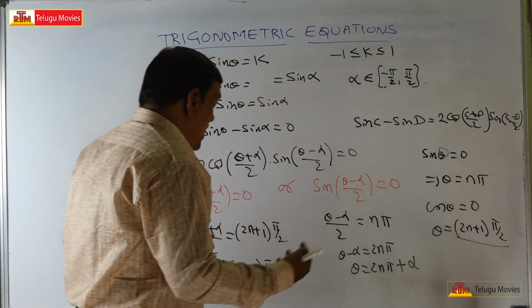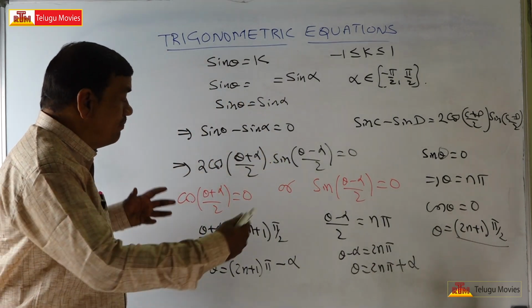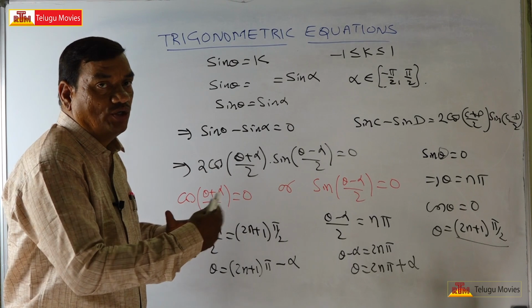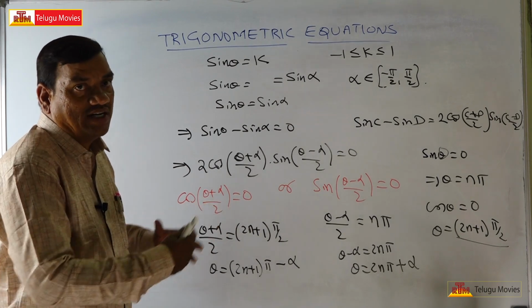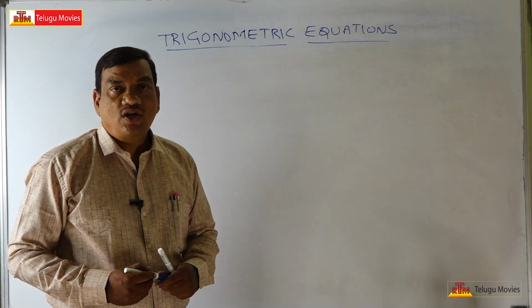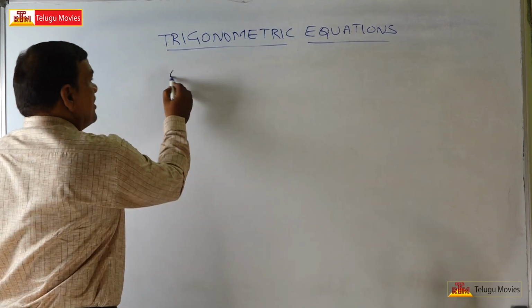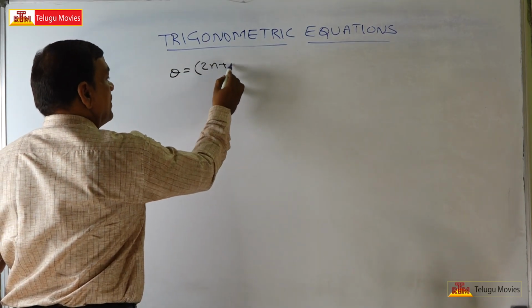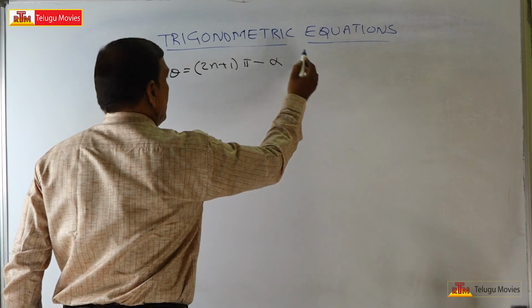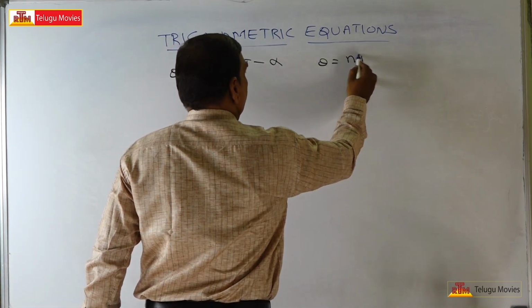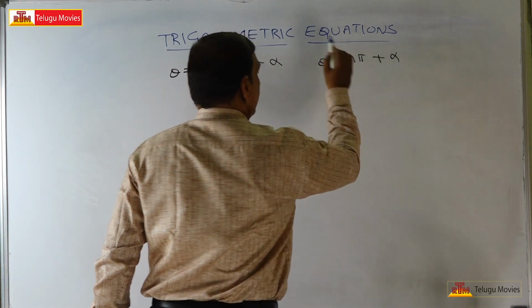Understand? So what I am going to do is mix these two values. Dear students, now what we got? Theta is equal to 2n plus 1 pi minus alpha, and theta is equal to 2n pi plus alpha.